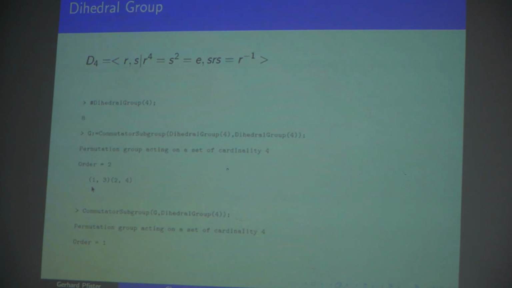So let's try. We compute the commutator group, obtain a group of order 2, and do it again, obtain a group of order 1, so we end up at the trivial group, and that shows that the dihedral group is nilpotent.